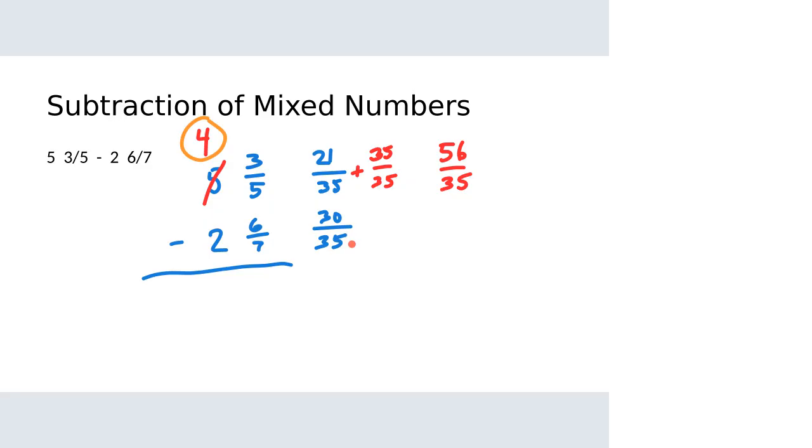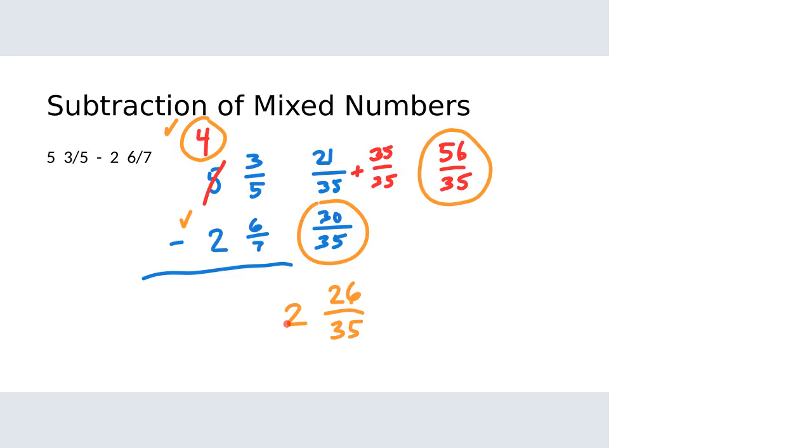So as far as the fractions go, I still have this 30. I'm going to subtract 56 35ths minus 30 35ths. When I subtract those, let's see, that's what, 26 35ths? I'll subtract my whole numbers now, which is 4 minus 2, or 2, and I end up with 2 and 26 35ths.